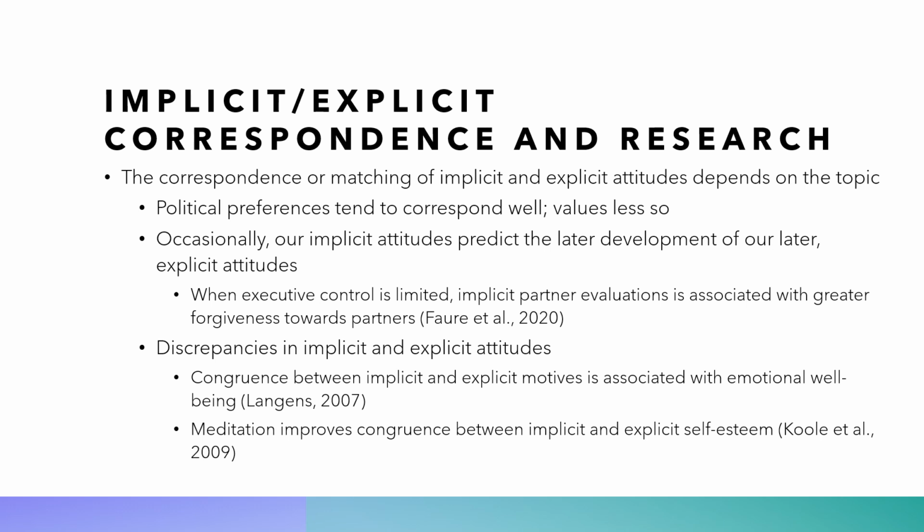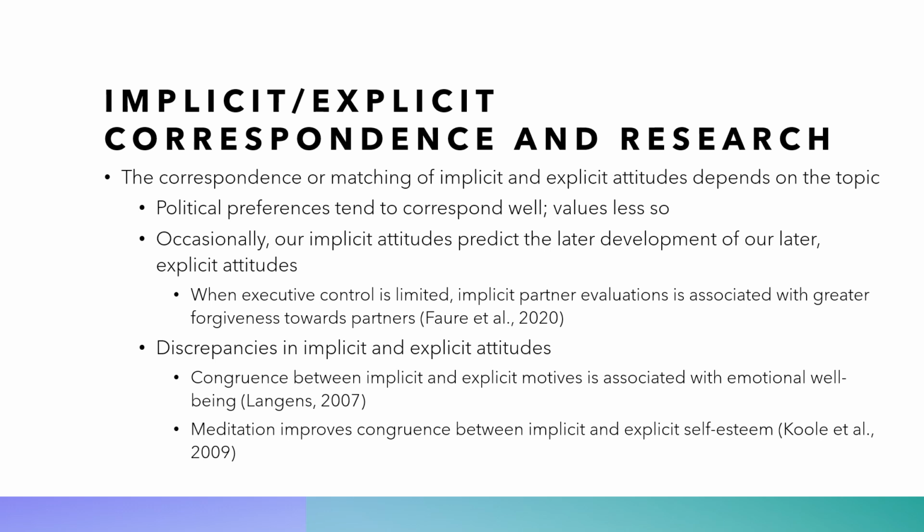Our implicit attitudes also emerge when we're sort of feeling like we're under cognitive load. So when executive control is limited, right? So executive control refers to a cognitive ability to really take in and manipulate information and to make decisions.